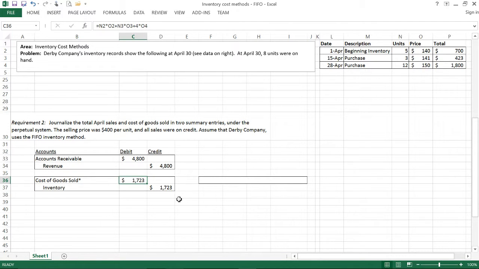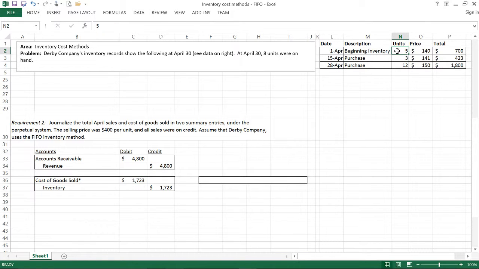So the key to finding out these amounts is the fact that they are using the FIFO inventory method, which stands for first in, first out. So we sold 12 units. The key here is what units did we sell? So first in, first out method tells us that the first units in are the first ones to leave.